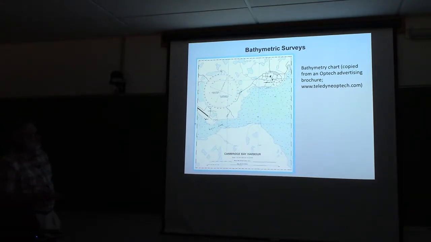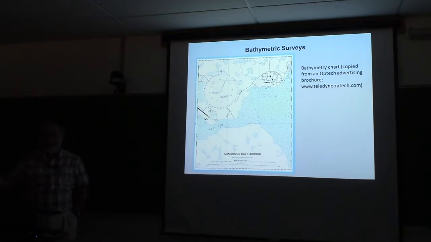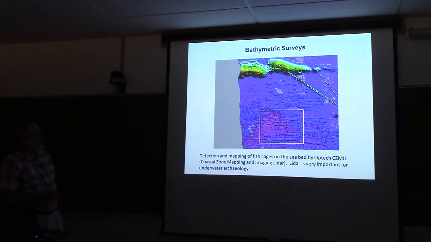So here's one. There's a company, it used to be called Optech. They were then bought out by Teledyne. But anyway, here's a bathymetric chart up in northern Canada with, you can't read the numbers, but those are water depths made by simply flying this bathymetric LIDAR over the area and generating the chart. Here's bathymetric surveys.